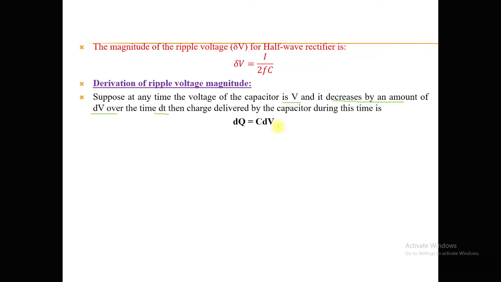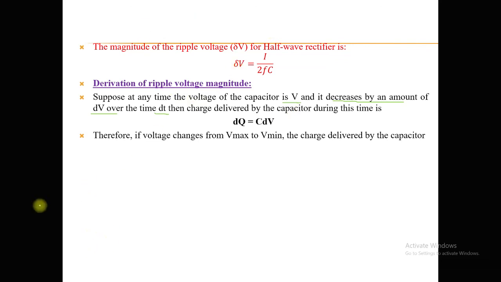Okay, so when there is a change in the voltage, there will always be a change in the charge, so dq is equal to C dV. As you have seen, the voltage changes from Vmax to Vmin when it supplies the load.